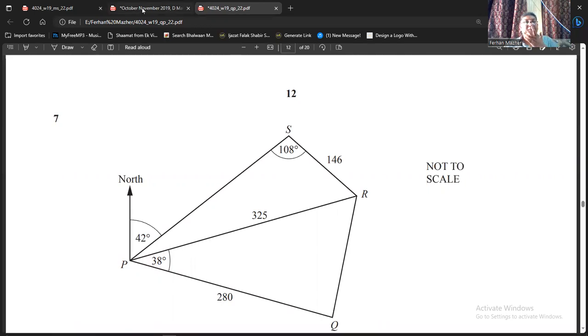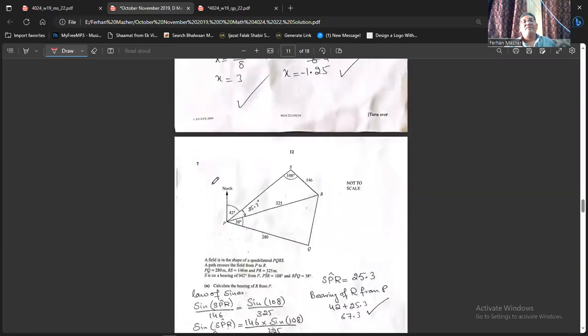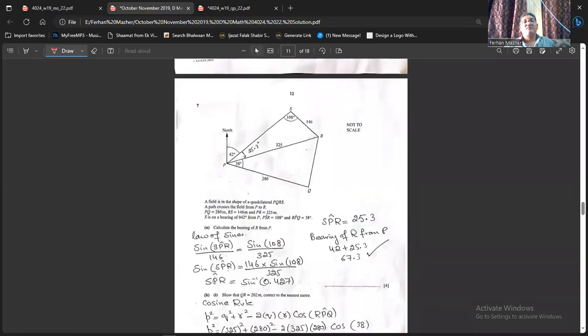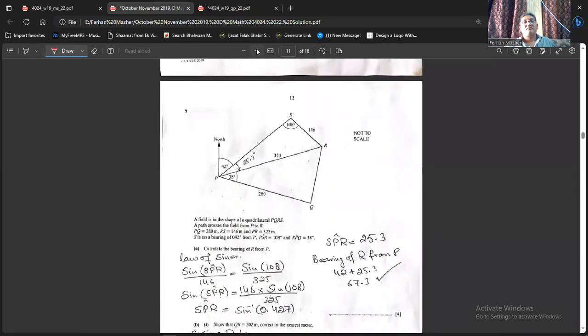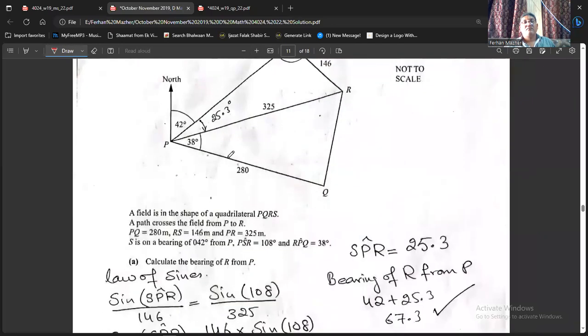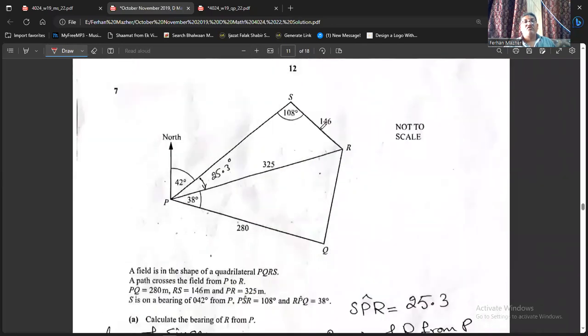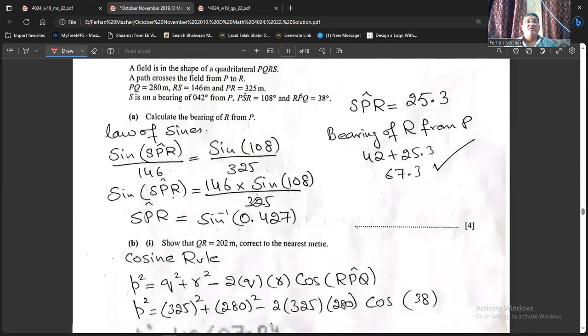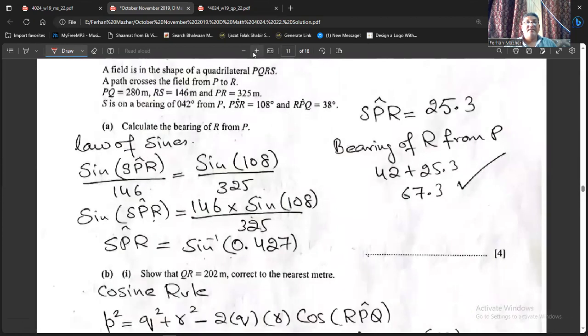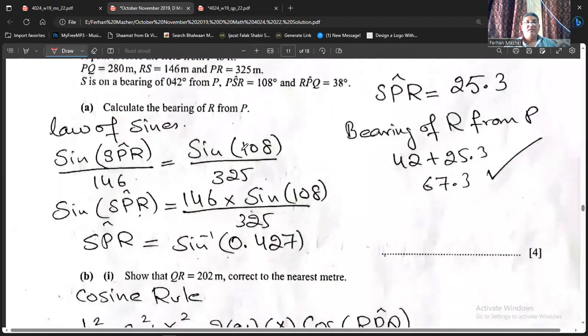So very simple. I'm going to apply the law of sine.